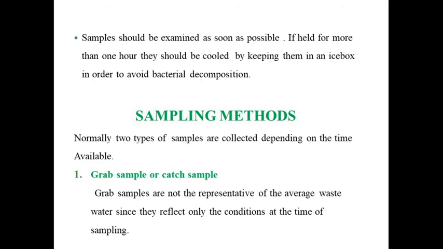That means the sampling period may be varied from 8 hours, 12 hours, to 24 hours, depending upon the use to be made of the result. Finally, these different samples should be mixed together so we get a homogeneous mix. Generally, composite samples are collected to determine the characteristics of the wastewater and to establish the water pollution load for designing the wastewater treatment plant.